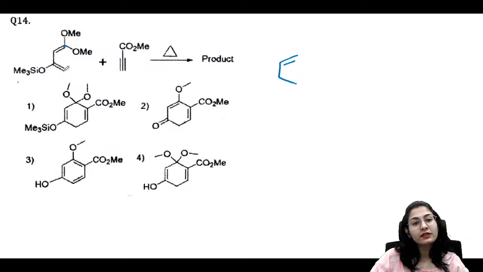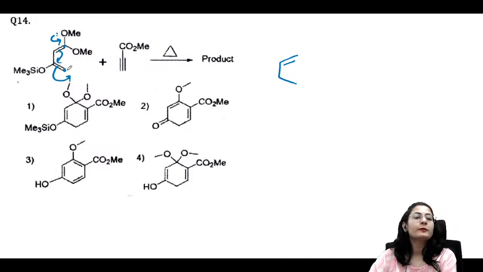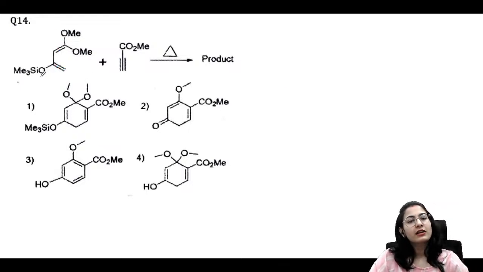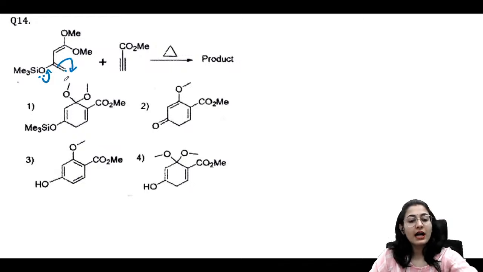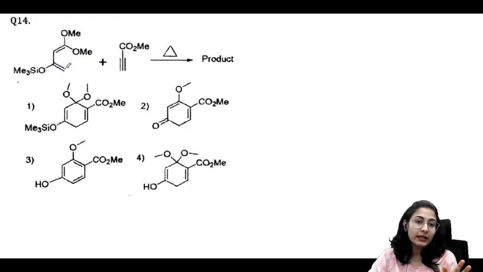This one or this one? Which is a more electron rich carbon? देखते हैं. This methoxide is giving electron density all the way to this particular carbon, right? ये ऐसे ही resonance करेगा. Also, this oxygen is giving electron density to this. According to the substituent, this carbon is the most electron rich carbon, right?